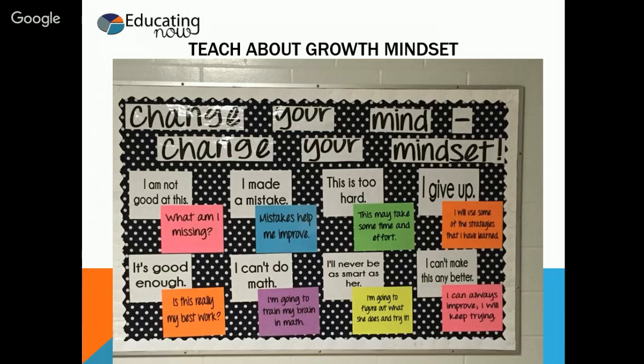So in a nutshell, having a growth mindset means that you understand that your effort and your attitude make way more of an impact on your achievement and on your ability to learn than your inherent ability, than what you're born with. And we know this from the most successful people in the world, are people that have growth mindsets.